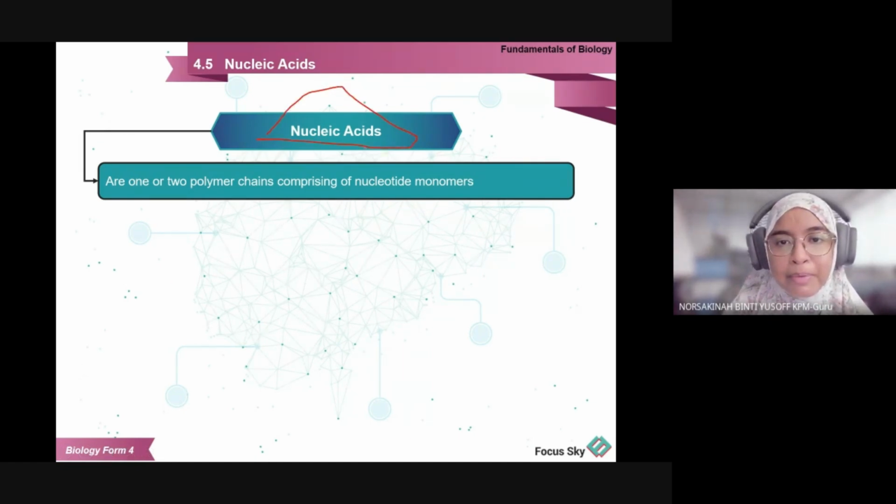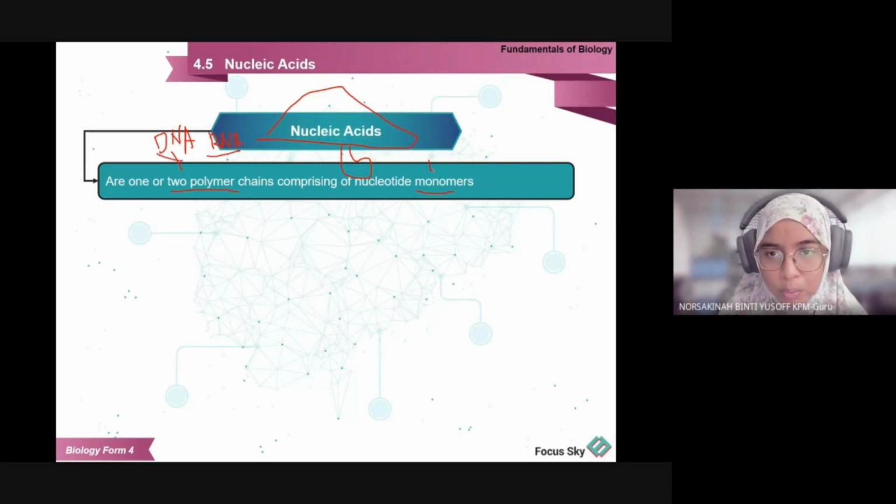Under nucleic acid there are two polymers, which are very famous, DNA and RNA. What makes up the RNA and DNA is the monomer, which is the Lego, the nucleotide. Later we learn about nucleotide.